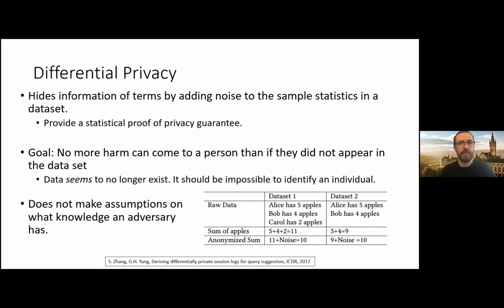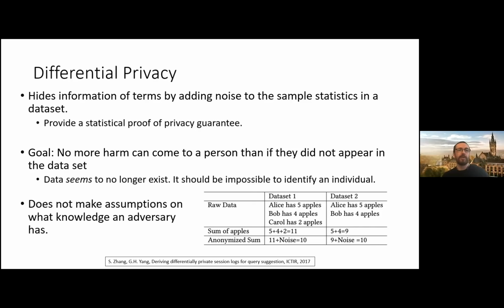So there's a harm there where your insurance policy goes up, and you've got a financial cost to that. The point there is that that harm would have happened anyway to someone, whether or not they were included in the data set. So harms can still come to people. It's just that a specific harm that would come from a data set will not happen, supposedly, if the data set is differentially private.